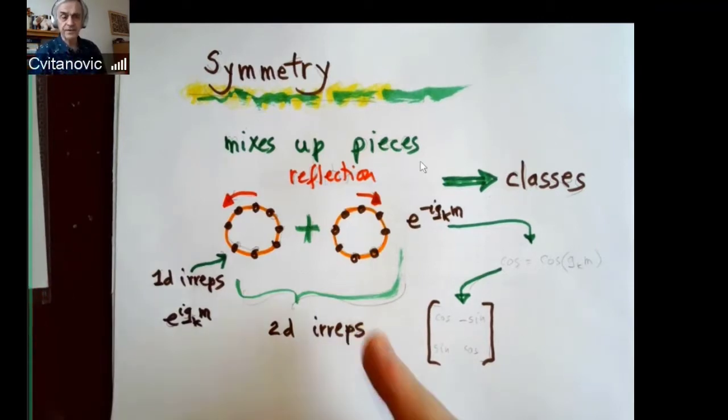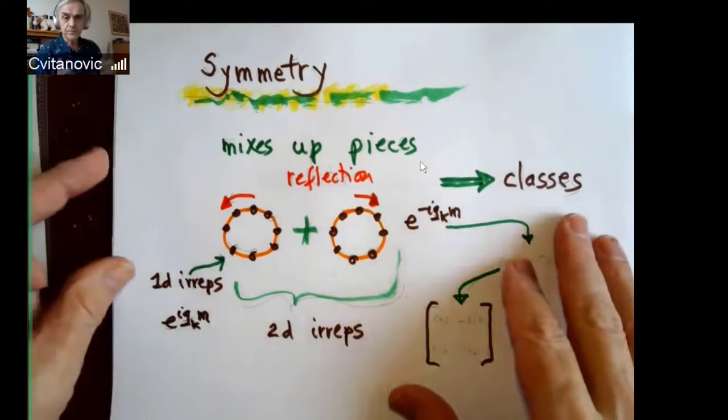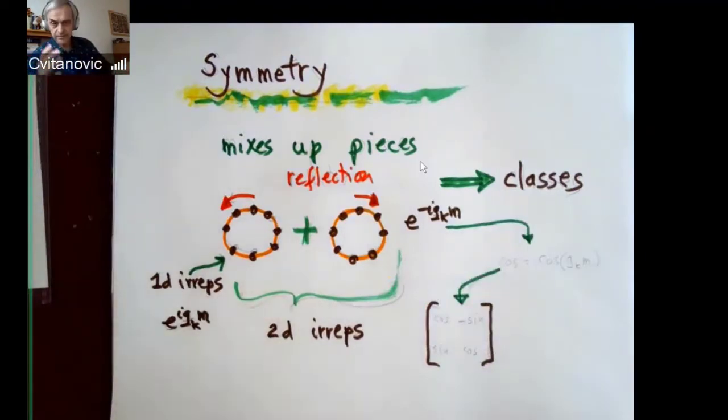So whenever you add a symmetry, you put more conditions on what you have, more restrictions. And that means there are fewer options open to you after these things are imposed, and you'll have fewer representations.